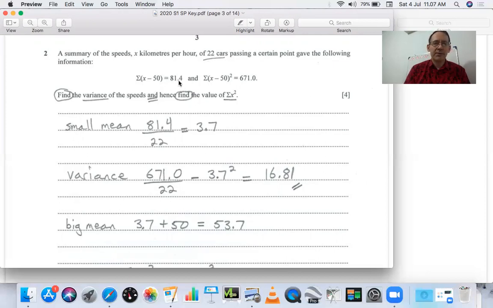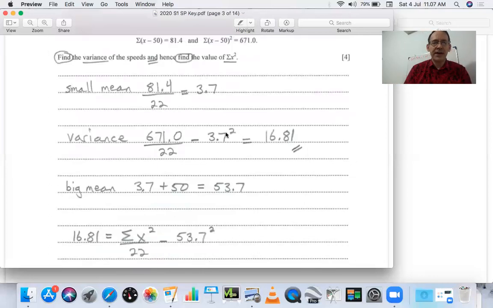So the 81.4, that's the sum, divided by how many, that gives you the small mean. This is the mean before you add back the 50. If you add back the 50, that is the mean for the original data set or the big data set. Okay, so this is the mean for the small data set.